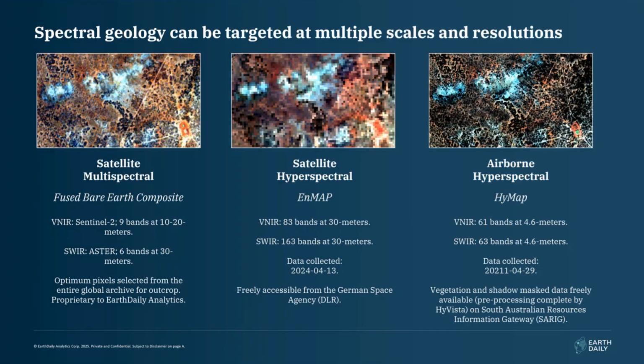You can see here we're jumping from 30 meters down to 4.6 meters in spatial resolution, so almost an order of magnitude increase. It'll be a really good data set to compare the capabilities of the two hyperspectral systems.